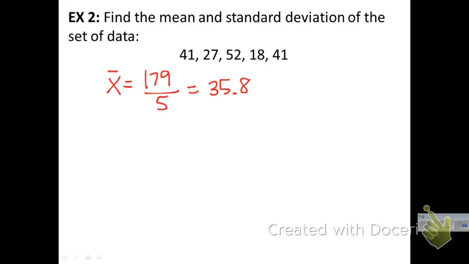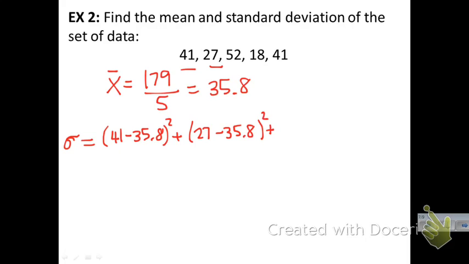Then, this is the process to find our standard deviation. And whether you want to just use sigma or sigma x, I don't care. We take the difference of each value and the mean and square it, and then we add all these values. So 27 minus 35.8, notice I'm getting those values from here, and we square it.